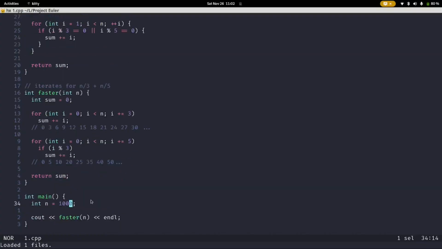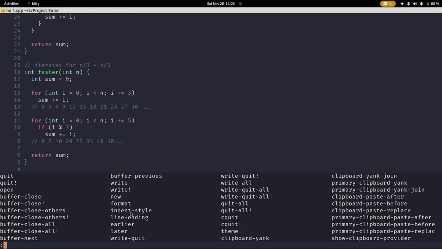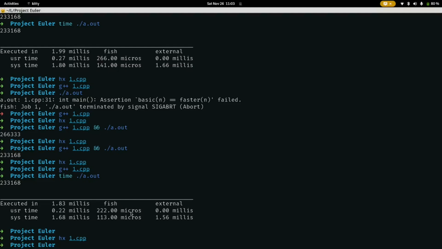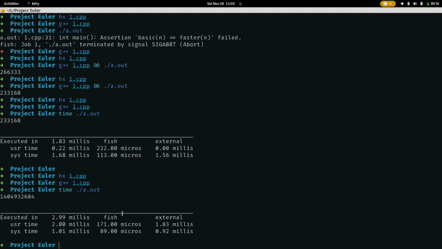That's for just 1,000 numbers, but if we increase to 1,000,000 numbers, I think the sum would not be able to hold the value in this case. But we don't care for the answer, we just want to see which one's faster. So if we compile it again and time both approaches, you'll see the difference here.